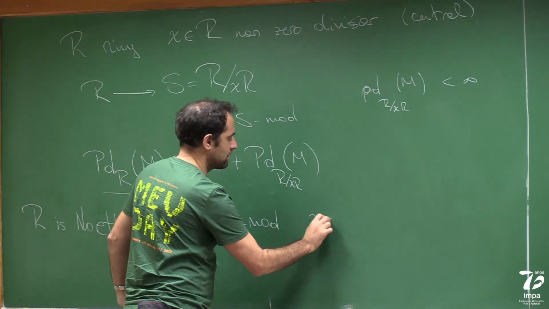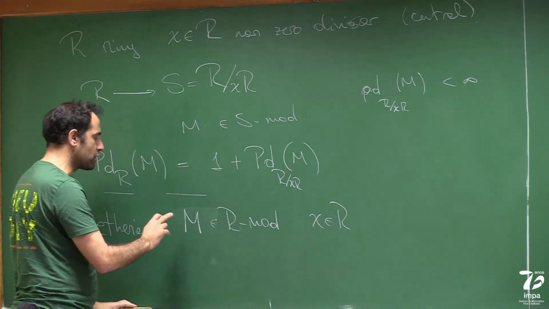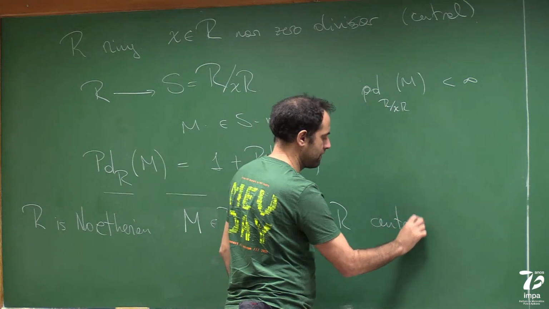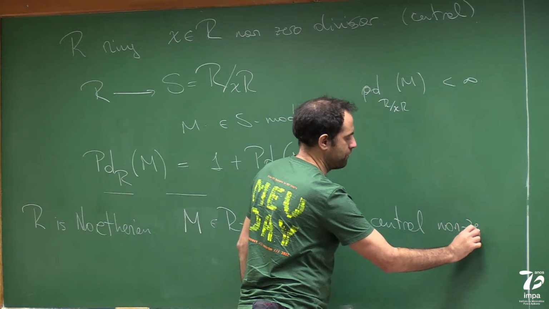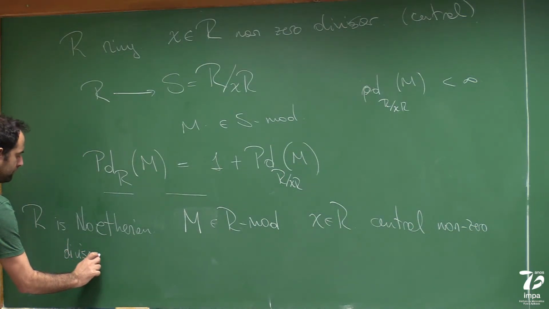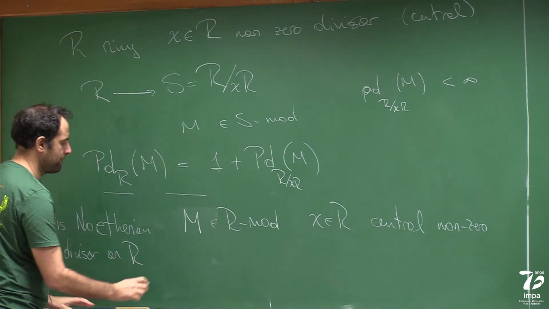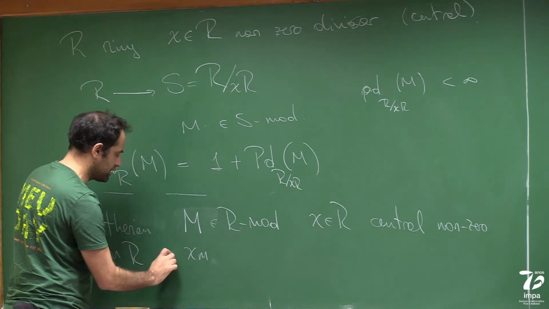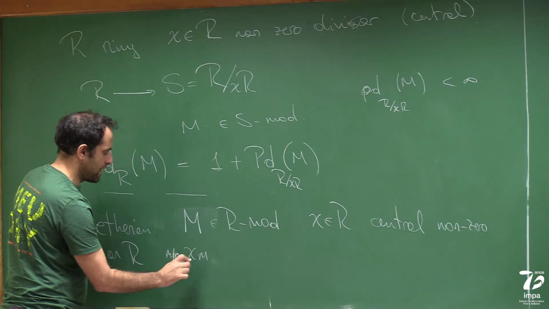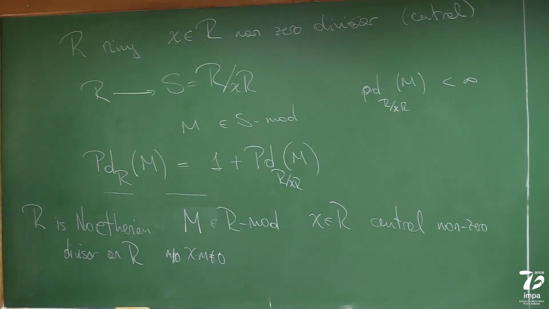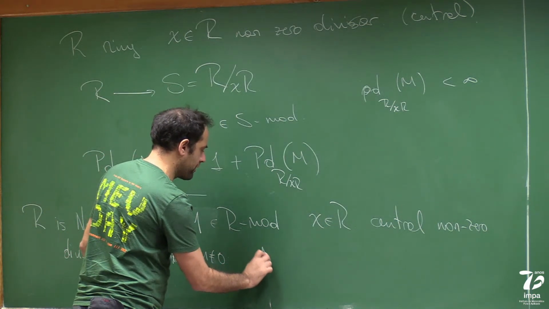We'll grab an X on R. And this is a non-zero divisor both on R and on M. So it's a central non-zero divisor on R. And it's also a non-zero divisor on M, meaning that if M is non-zero, then Xm is non-zero. Then in this situation, and also we'll require that M is finitely generated.